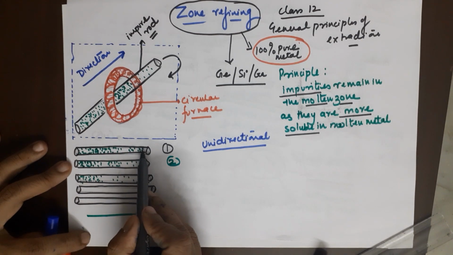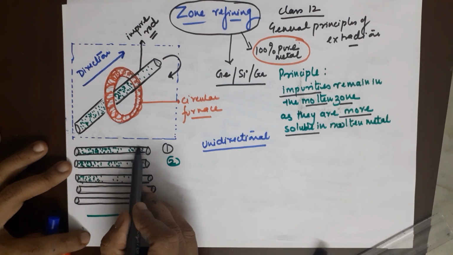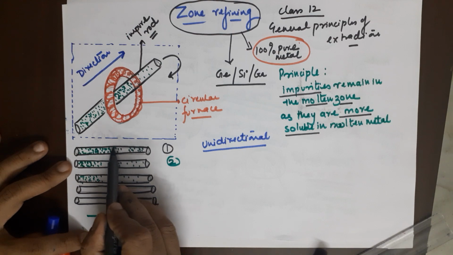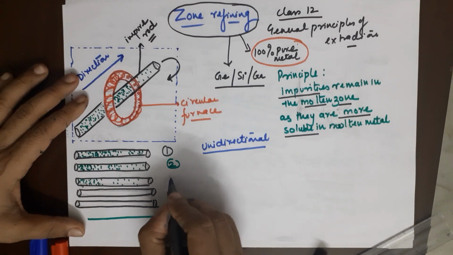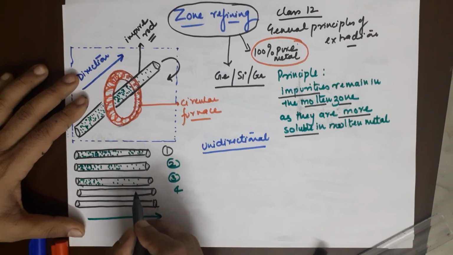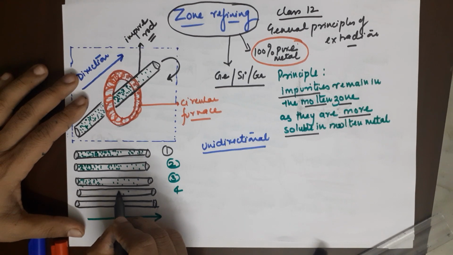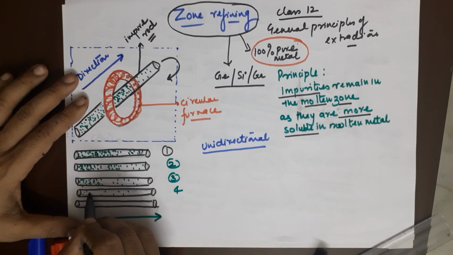As the rod is made to pass from this end to this end, the molten zone will shift like this, and the impurities will also shift with the molten zone. You pass it the fourth time, you would find it getting purified, and you have major impurities in this section.